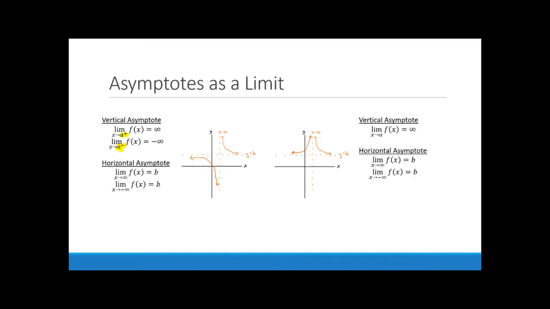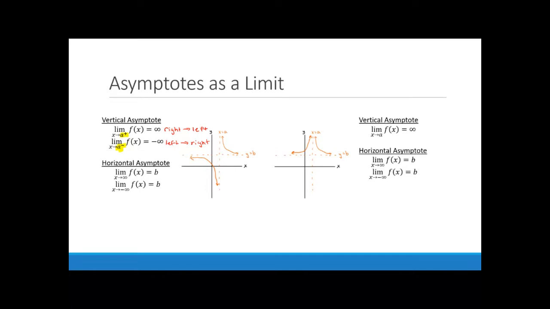So a to the positive, this is coming from the right. So you're basically going right to left when you're looking at your vertical asymptote or your limit. And then when it says a negative, you're going left to right. You're going from the negative side heading towards the positive side.